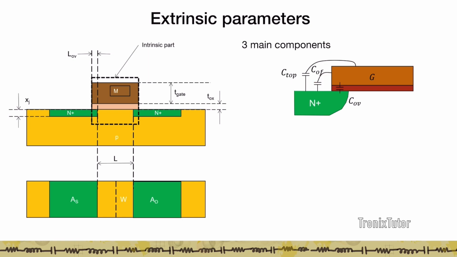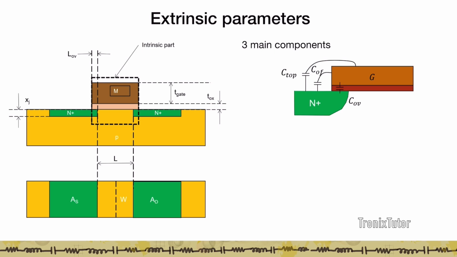This fringing capacitance actually becomes very critical, especially if you look at current FinFETs and GAA structures. It's the fringing capacitance which dominates the capacitance at the gate. And this is something which is process dependent. It's not necessarily dependent on what's happening in the MOSFET; it's related to how you build the MOSFET.